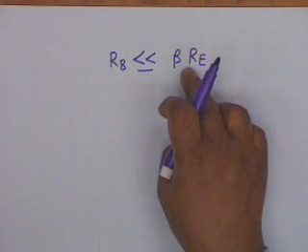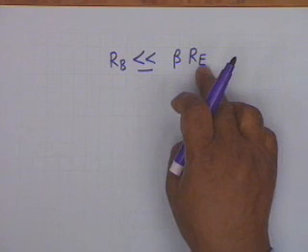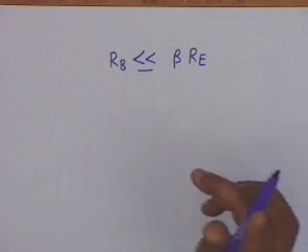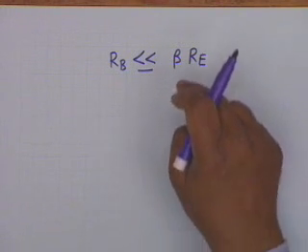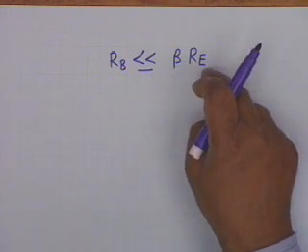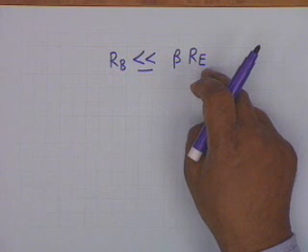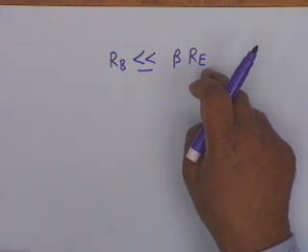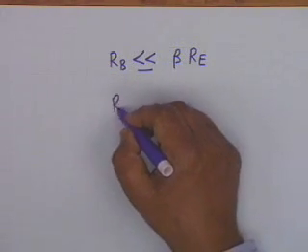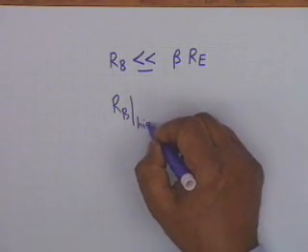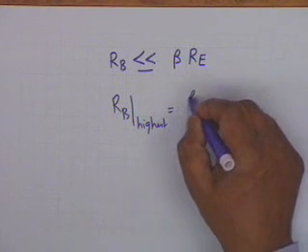Which means that beta min Re is the lowest value or the highest value? Highest value. The highest value of Rb that you can take would be, well, let me put it here, Rb highest is equal to beta min Re divided by 10.